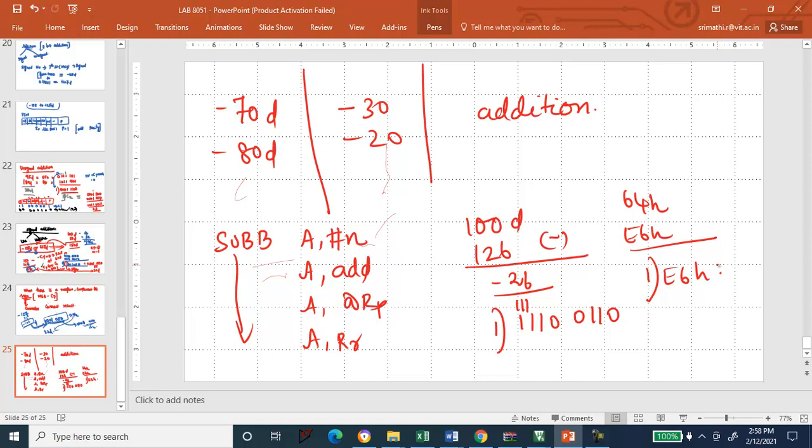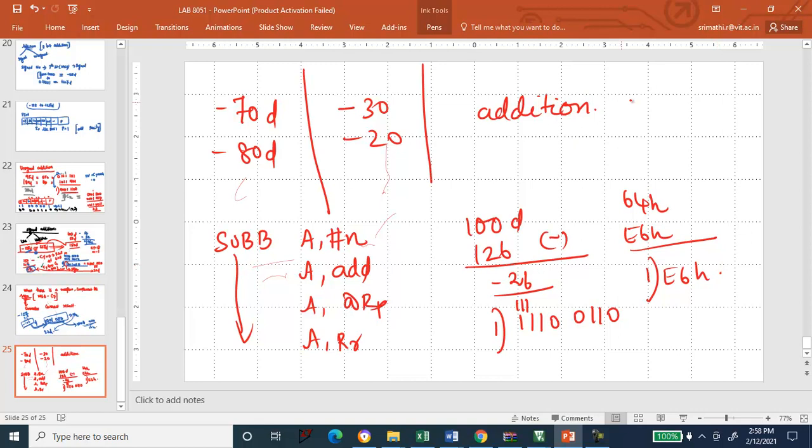In addition, the overflow flag will be set when there is a carry out from C6 to C7, but in subtraction there will be a carry in from C8 to C7 and C7 to C6, and then your overflow flag will be set to 1.